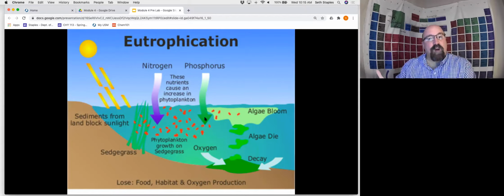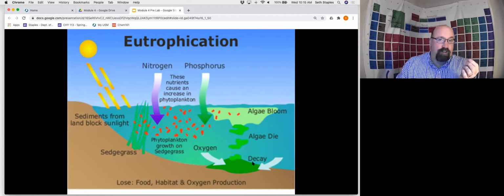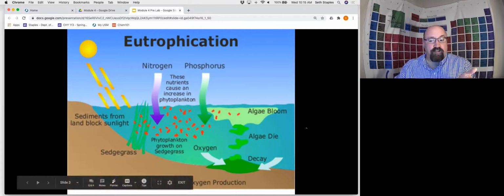As time goes on, though, the algae dies, so typically settles out, and then the decay process uses up oxygen, uses up a lot of oxygen. And so when that happens, we can end up with severe drops in our dissolved oxygen levels in a water body, which can be disastrous for fish populations.